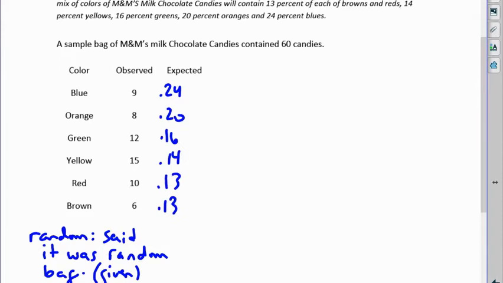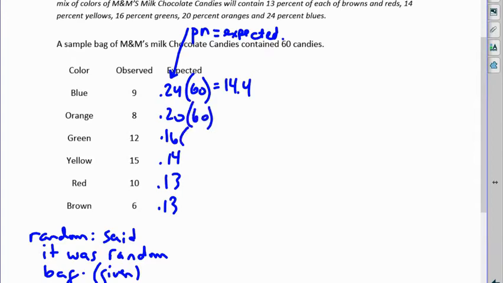To figure out the expected, we take the proportion and multiply by the n, and that will be our expected. If there are any decimals, we're going to keep those. My n is 60 in this situation, so that means I get 14.4, and I'm going to keep that number. Then I go down, and each one of these needs to be multiplied by 60.